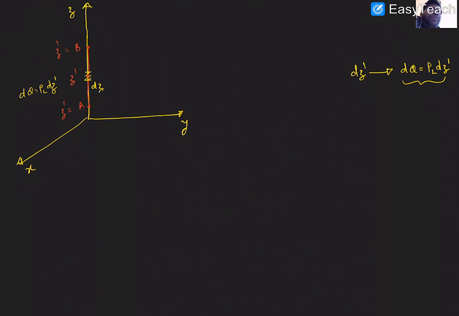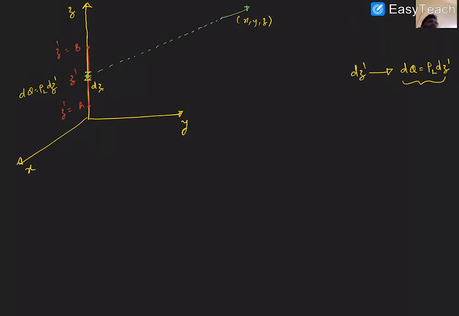Now at some point, maybe here, let's say x, y, z, we are going to find the electric field. The electric field from the point z dash will be pointing like this, right?